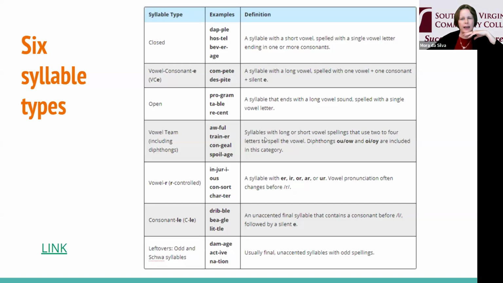Okay, so diphthongs, I'll give you a definition here in a few slides, but it is a sort of a gliding sound, like the oi or ow. Okay, it's not a single sound. There's a glide between the vowel sounds. But then there's vowel teams, and in here you'll see some vowel teams as well. But in awful, what do you think your vowel team is?